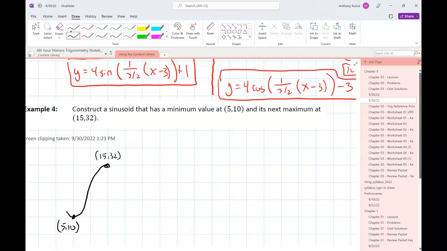So I would start on a problem like this by drawing a little picture of what's going on. Everybody okay with that? Yes.